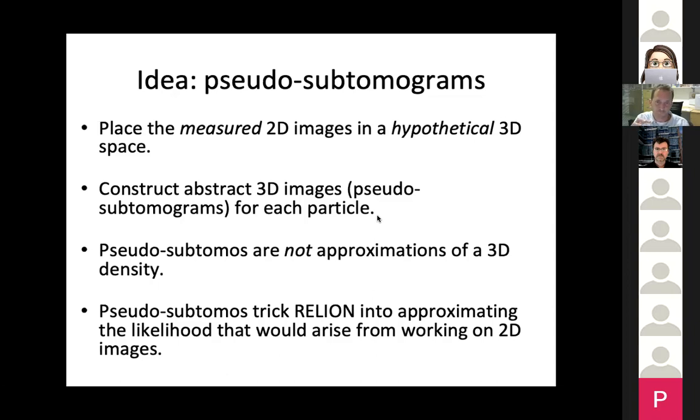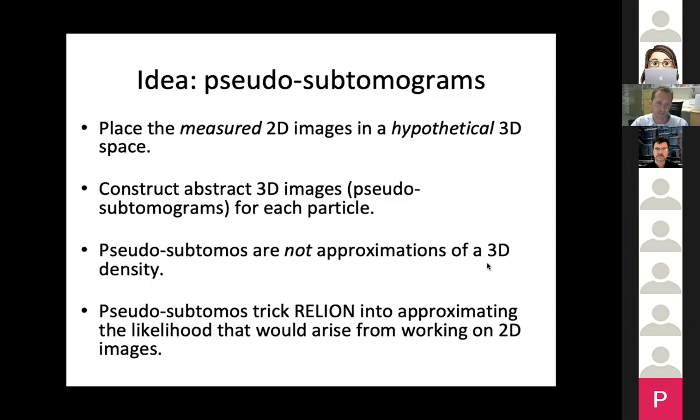But the 3D volumes that we give RELION Refine no longer represent a true approximation of the 3D density of the structure of interest. You could think of them as a stack, but it's not a horizontal stack. It's a stack in a kind of wedged shape with overlapping parts of 2D images in the 3D Fourier transform.